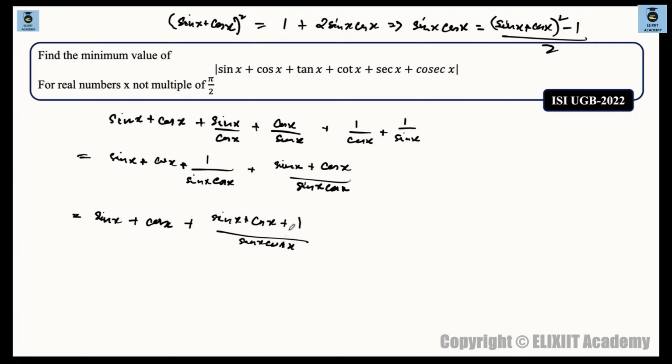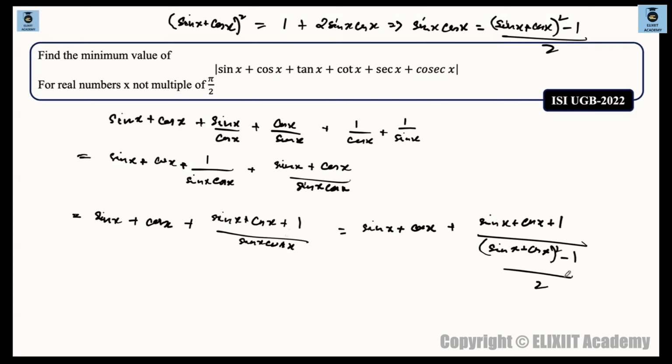चलेगा, लिख लेते हैं, तो this will become sin x plus cos x plus sin x plus cos x plus 1 divided by sin x plus cos x का whole square minus 1 divided by 2.